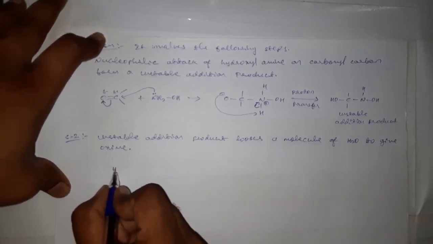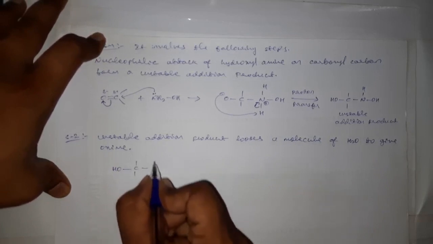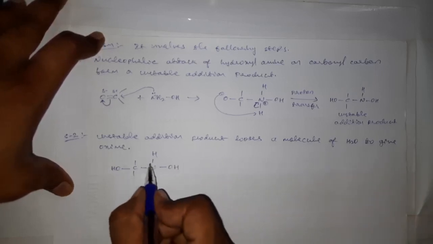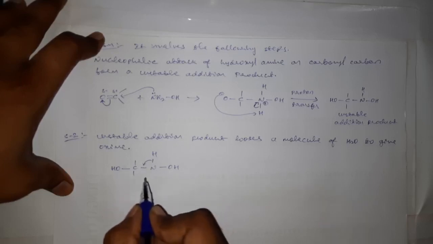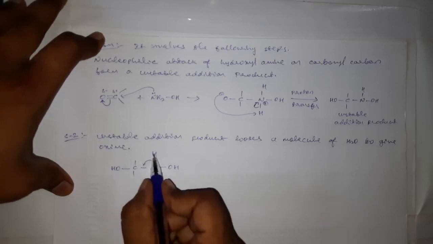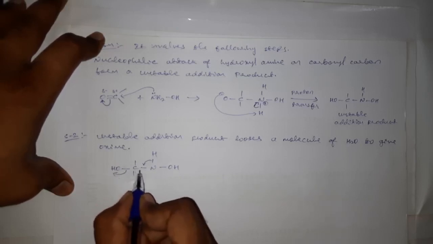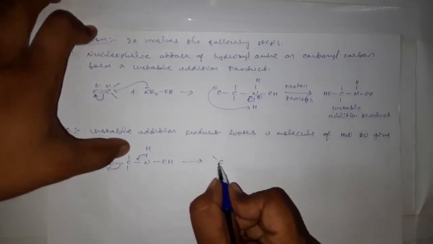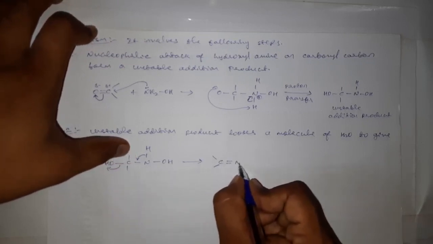See how it is taking place. Single bond N, H, single bond OH. Now the bond between the nitrogen and hydrogen will shift towards the carbon nitrogen single bond. This hydrogen will be dragged by this OH, and therefore it is also going out of this addition product, and here we will get C forming a double bond with N, OH.